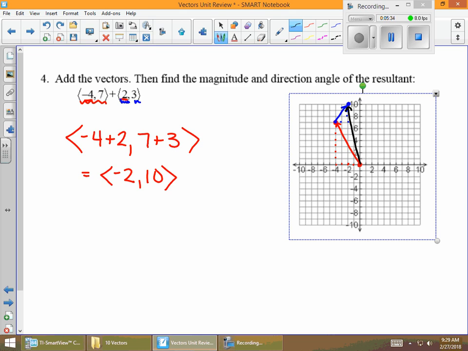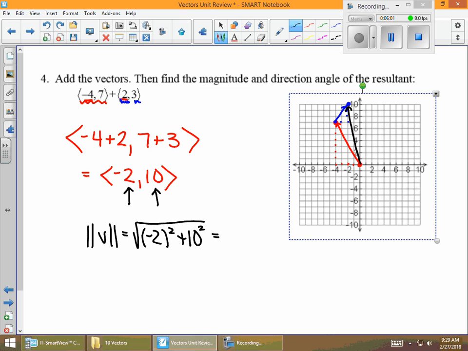Now we need to find the magnitude and the direction of the resultant vector as well. The magnitude is the square root of the squares. So we take our horizontal component and our vertical component to find our magnitude. We're really just doing the Pythagorean theorem.